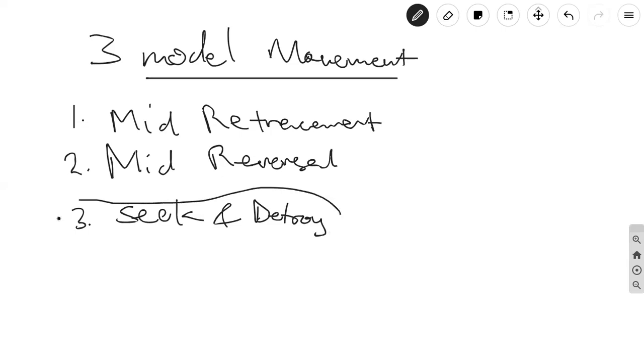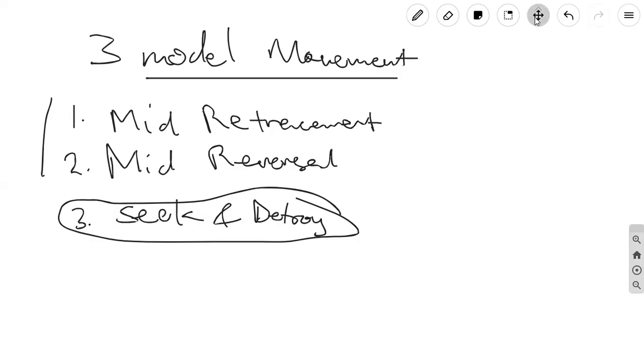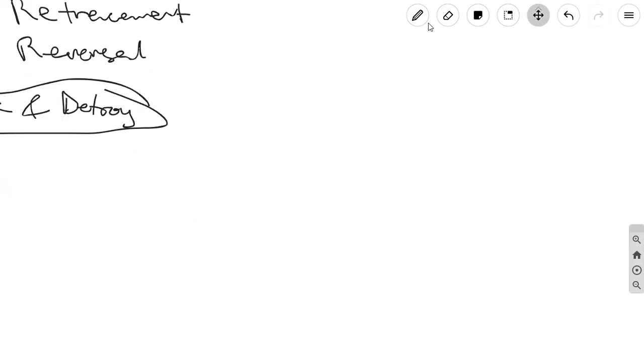But I'm not going to talk about seek and destroy today. This will have another video. I'm just going to talk about these two, the mid retracement and mid reversal. These are the best movements you need to look out for in everyday trading. It's best to use this model movement in two time frames, daily or weekly.